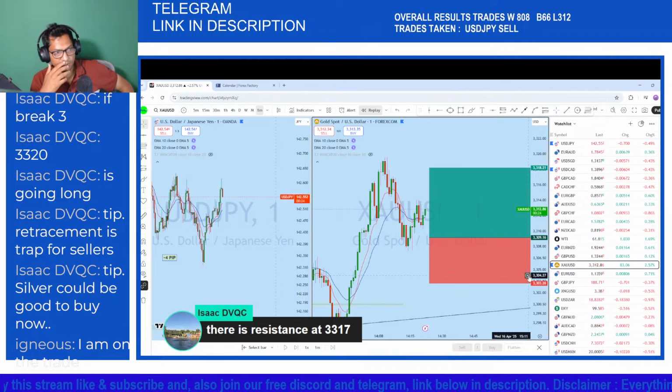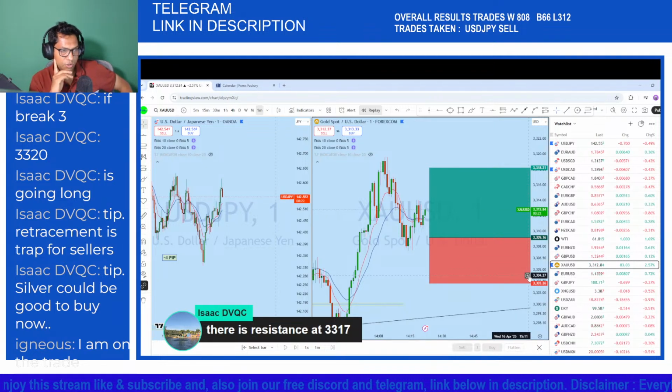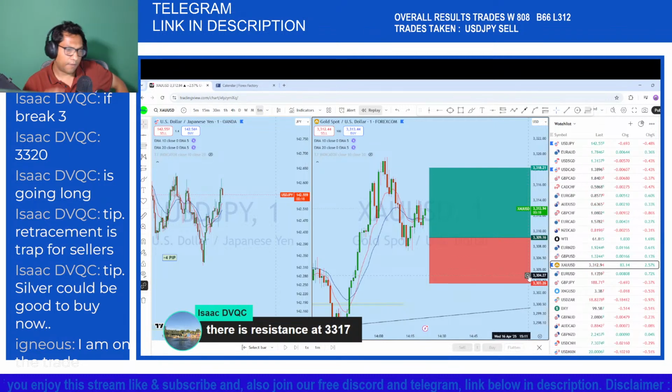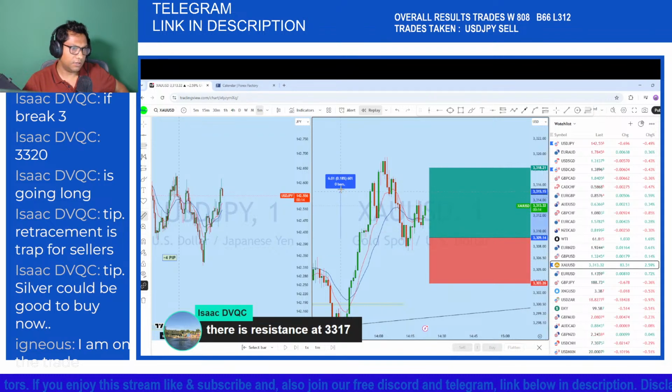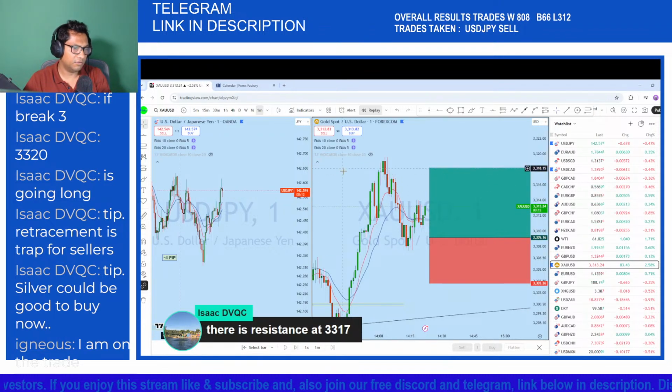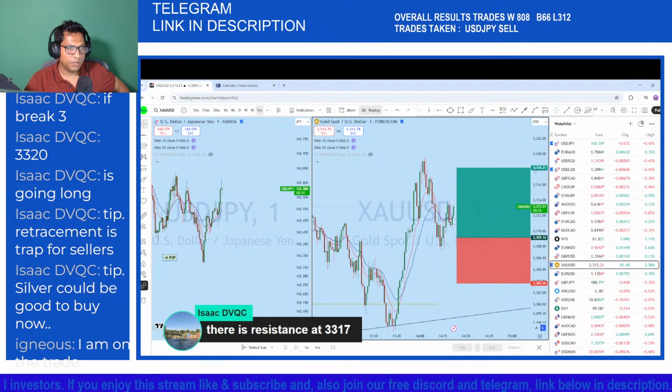This market is here. We are looking forward to see a bias, which will give us, if it returns back up here, around a 90 pip move possibly to the upside.